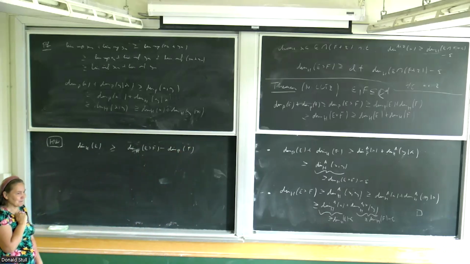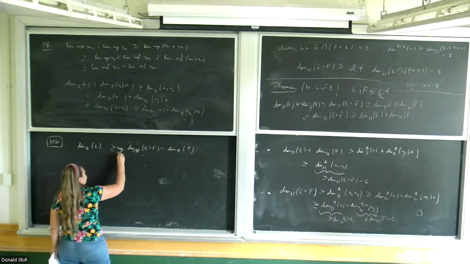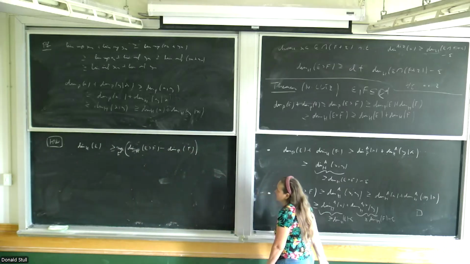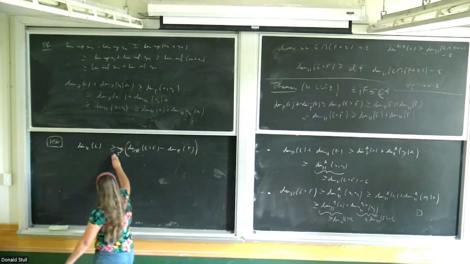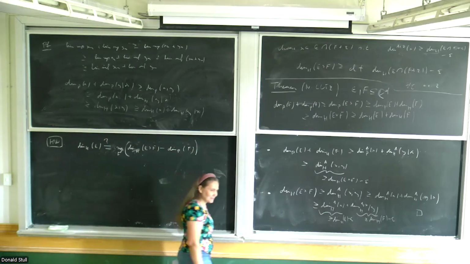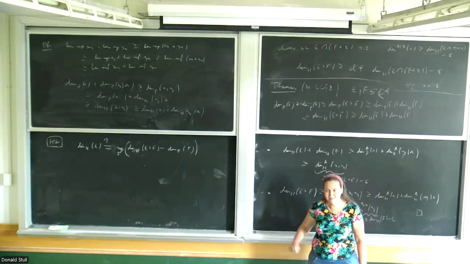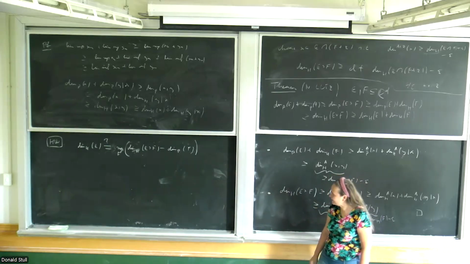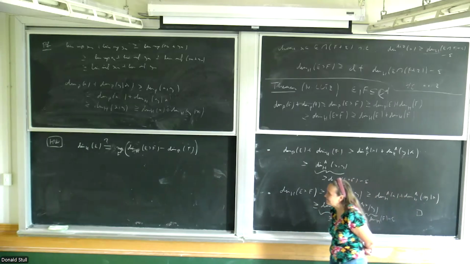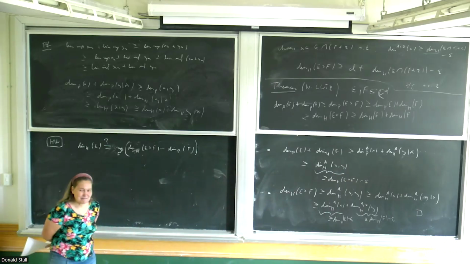This is true for every F. So I can put here the supremum of this over every F. This is always true, but is it equal? That's the whole question. Is it true that for every E you can find an F such that equality holds? And you can ask exactly the same question with all the other inequalities, but I don't want to write down the same proof four times. So one of them is enough for each other.